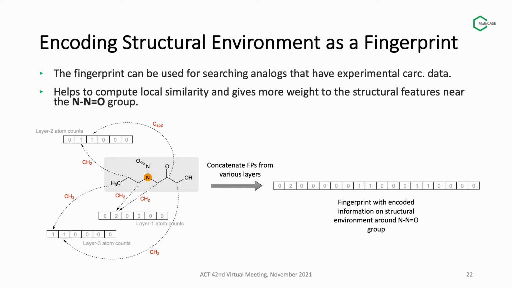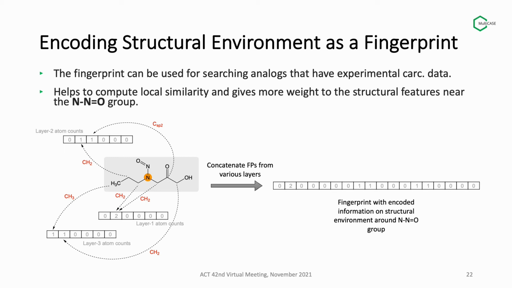As we have already seen, there is a good indication that the local features have quantitative relevance to the potency of nitrosamines, so we can try to encode those features in some form into a fingerprint and use that fingerprint to search for analogs, meaning nitrosamine analogs which already have their experimental TD50 values available to us.